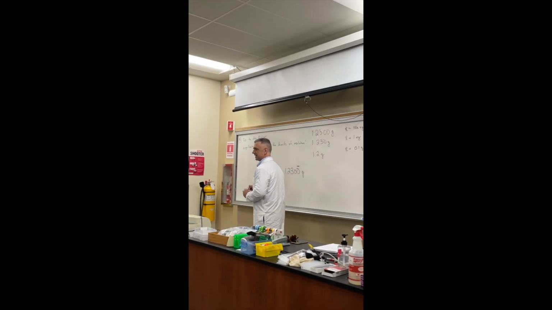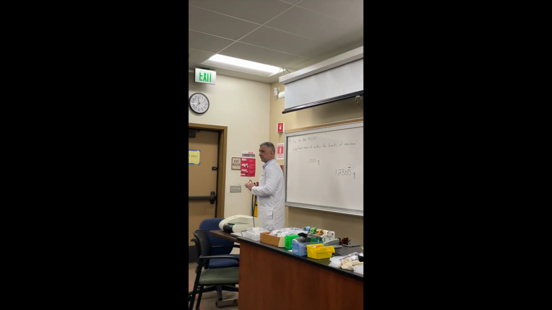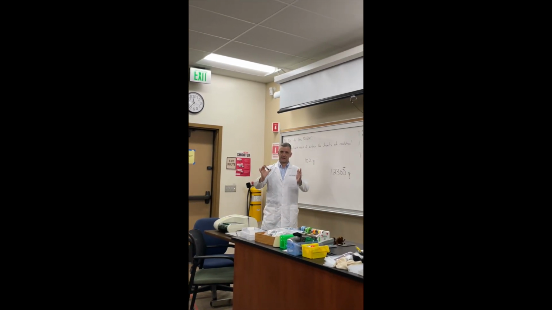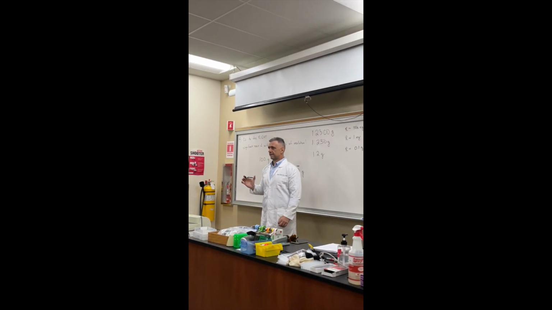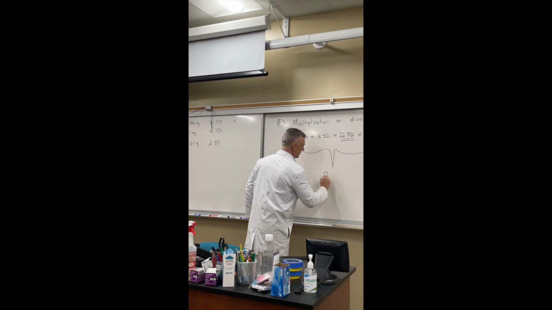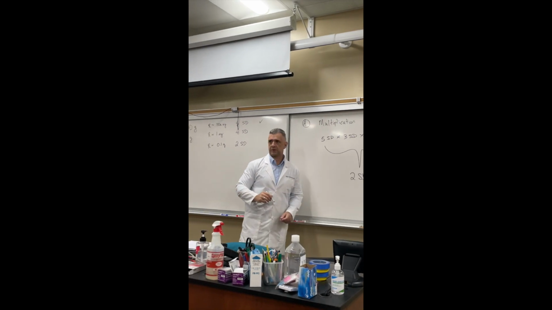Your answer is limited by the number of significant digits that is the smallest among the initial values. Now, does it make sense? Okay. So this would give you an answer with 2 significant digits.